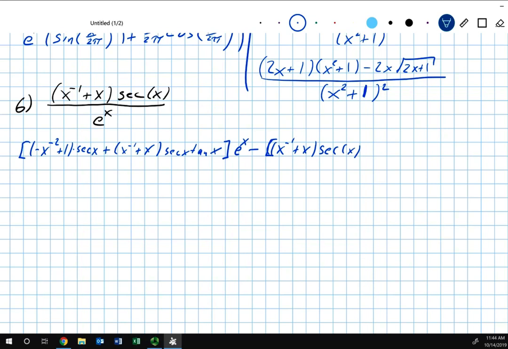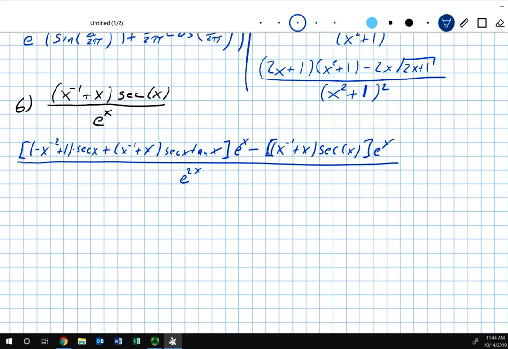And I take the derivative of the bottom, which is just e to the x, all over e to the x squared. Remember, e to the x, all parentheses, squared is the same as e to the 2x. Whew, pretty long. That simplifies quite a bit. I'm not going to. So e to the x's will cancel, which is great, but I'm not going to worry about it right now because it takes a long time to write.